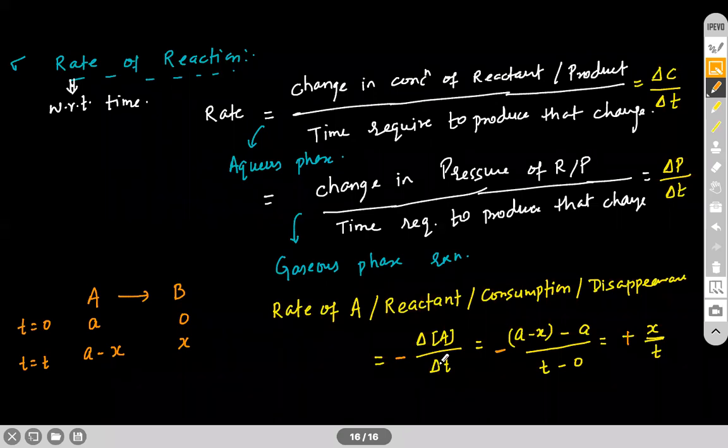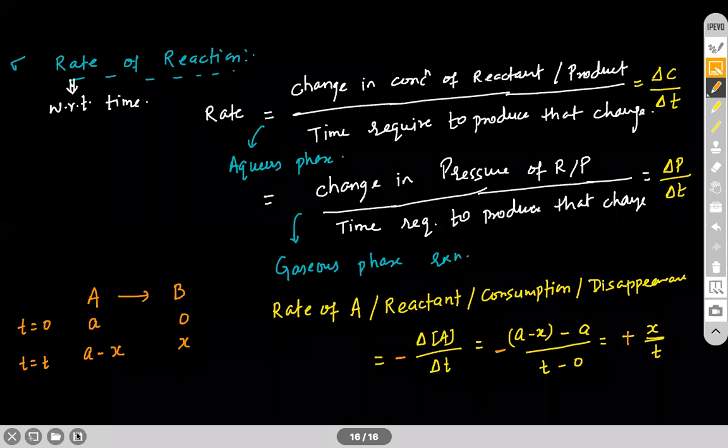No doubt in this. So rate of any reactant we always write with negative sign. We don't write plus or delta C by delta T or delta A by delta T. Rate of any reactant is always minus delta concentration of A by delta T.